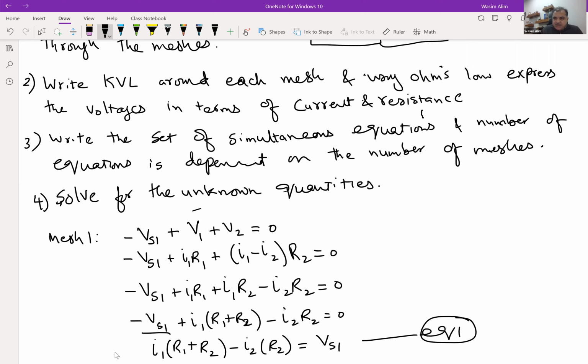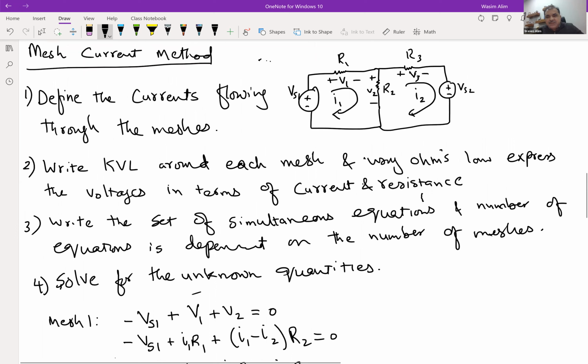Same process, just that right now we're working off of KVL. Okay, the second mesh has R2 and R3 and VS2. VS2 is again positive in this sense because the direction of the current is counterclockwise, entering the positive pole of the voltage source first.